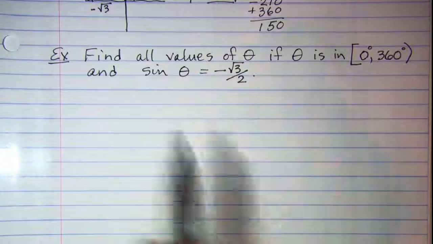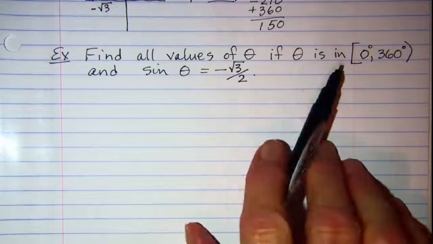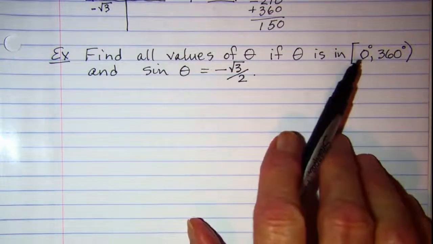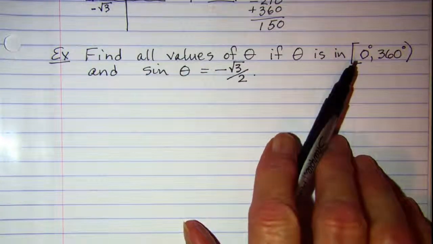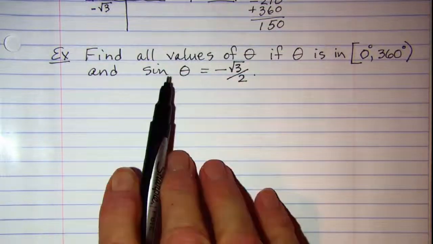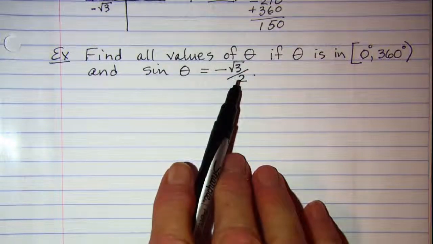Our next problem is to find all values of theta if theta is in the interval from 0 to 360, including the 0 boundary but not the 360 boundary. And we're also told that the sine of theta is negative root 3 over 2.